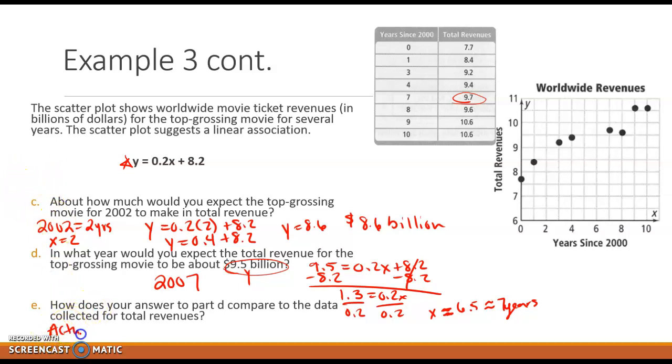So the actual data was $9.7 billion. So it's not exact, but it is a reasonable estimation. And so those are the types of reasonings we're looking for, because you're not typing in those things, you're choosing. So that's kind of what you're looking for there.